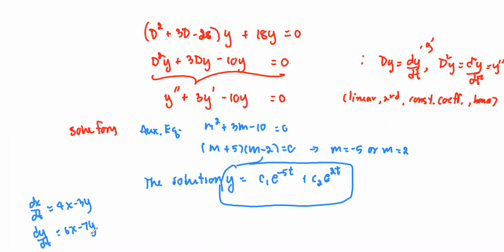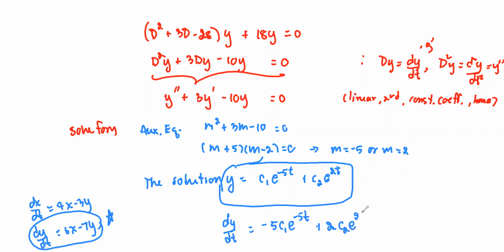For our convenience, we're going to use the second one. That means we start with dy/dt, or negative 5c1 e to the negative 5t plus 2c2 e to the 2t, and substitute into the second equation.